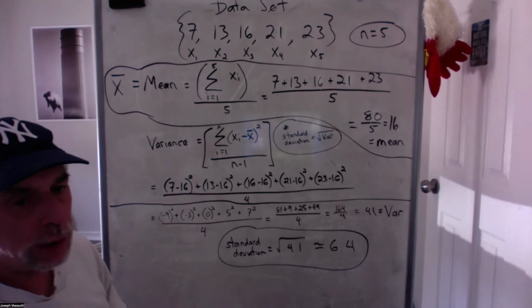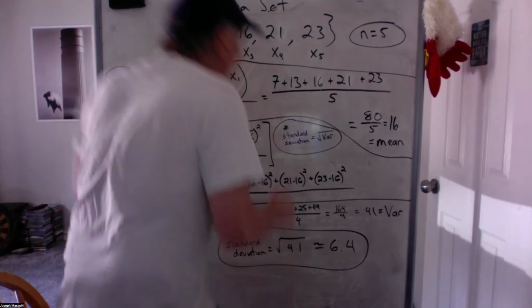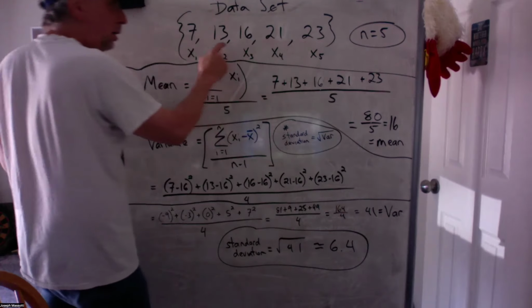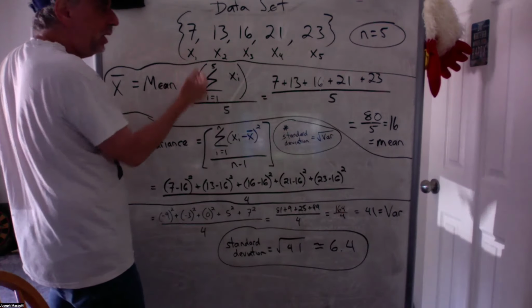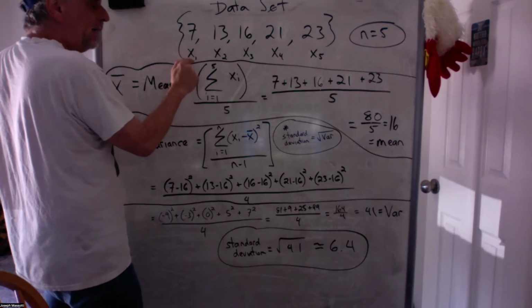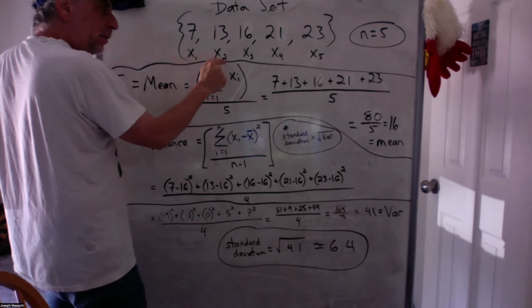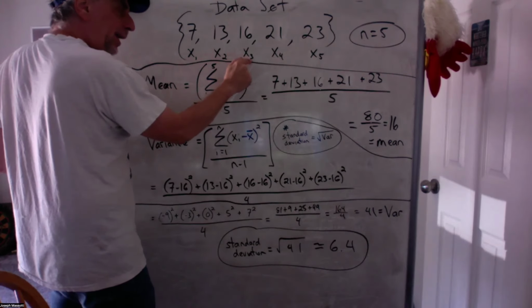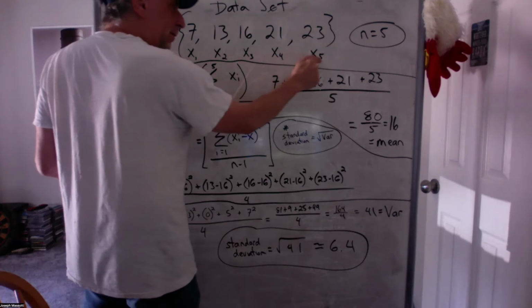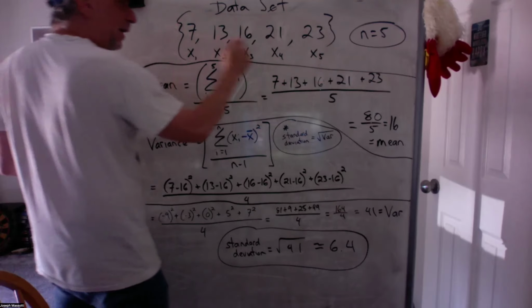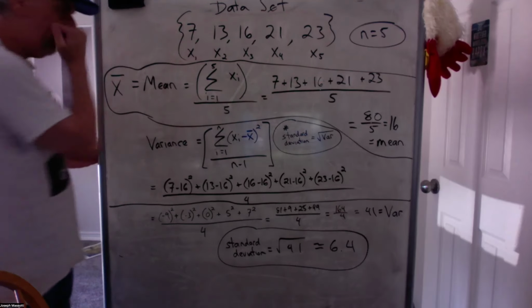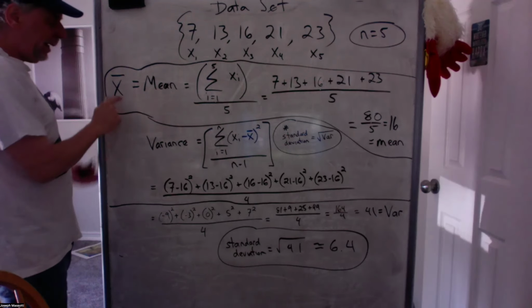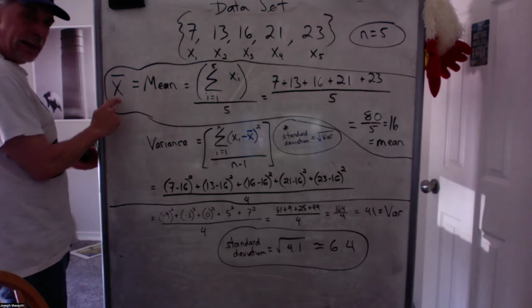So I have a very small data set here of 5 individual data points. We look at that as x sub 1, x sub 2, x sub 3, x sub 4, x sub 5. These are the 5 values. We look at the formula for a mean, the sample mean, x bar.